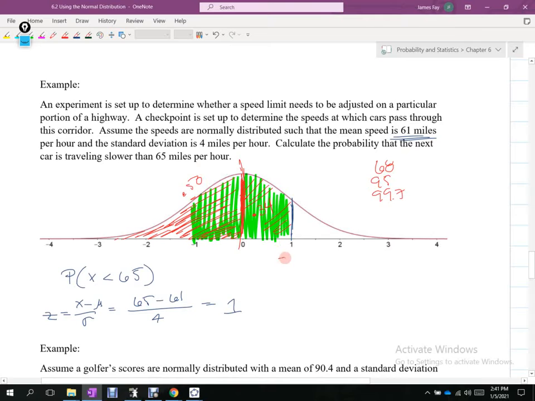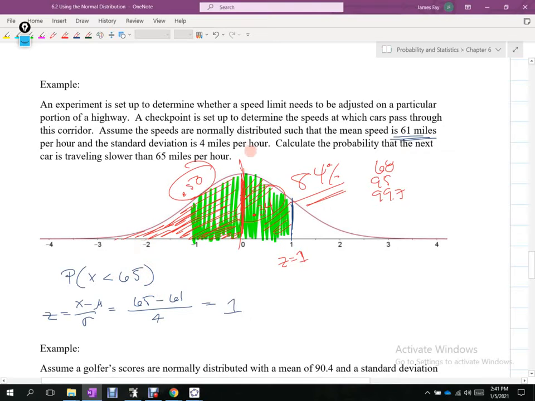So if this is my z-score of 1, and I ask what is the area up to that, cumulative up to that 1, it's 50% plus 34%, so 84%. Okay, and that's a pretty good estimate of the probability that somebody's traveling less than 65 miles per hour.